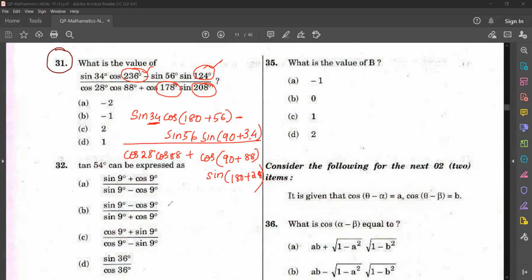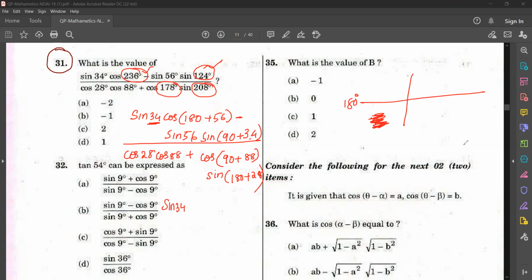What is the possibility now? Sin 34, let it be like that. Cos of 180 plus 56. 180 plus means this quadrant. In this quadrant, cos is negative, isn't it?